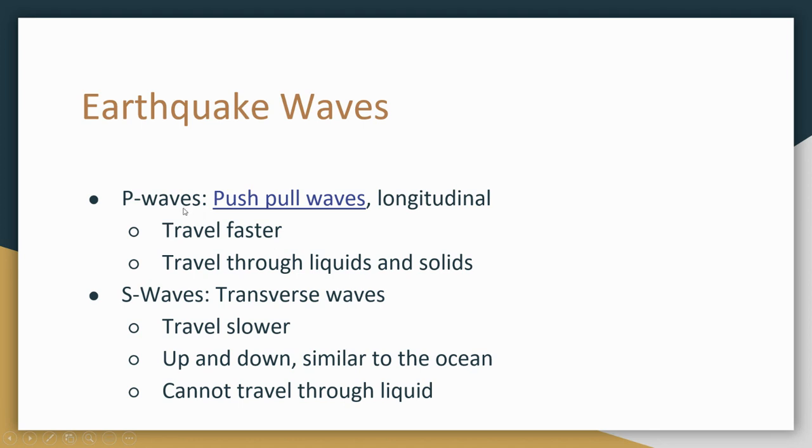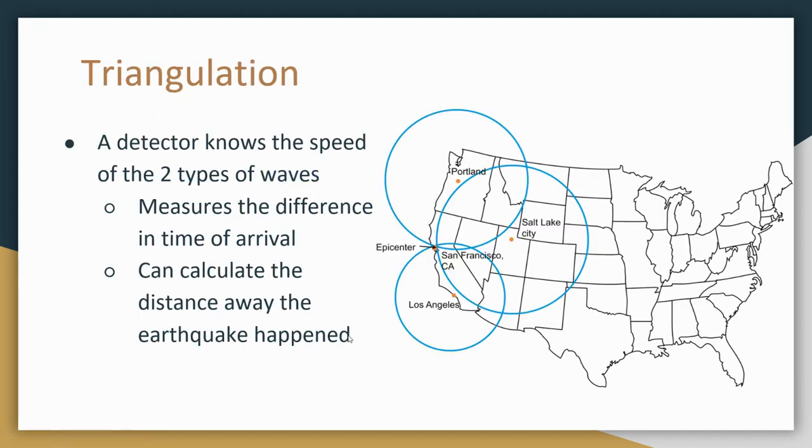Well, if we know that primary waves travel faster and secondary waves travel slower, we can do this thing called triangulation. So if a detector knows the speed of two different types of waves, you can measure the difference in time of arrival.